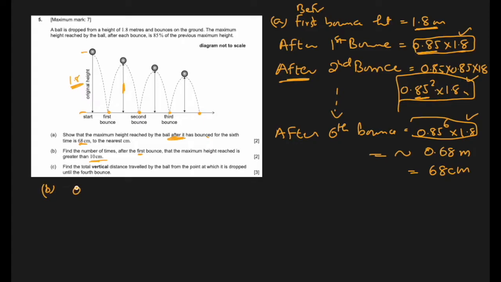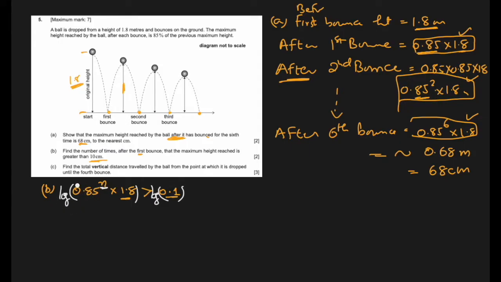We know that 0.85 to the power n times 1.8 has to be greater than 10 centimeters, which is 0.1 meters. Because this is in meters, we have to keep this in meters, and thus we have to solve this inequality. For solving it, we will write log in front of both of them, so that this n comes down as a coefficient.